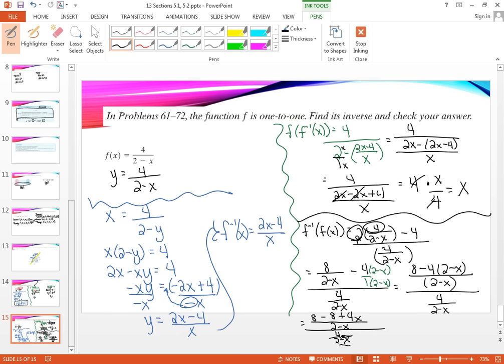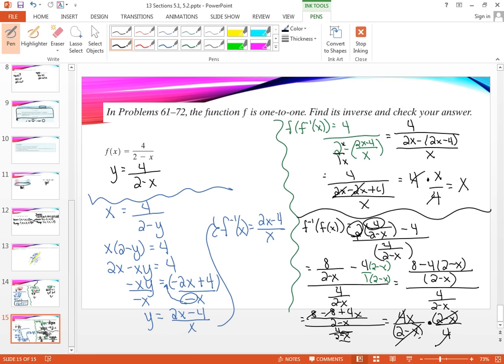Sorry. Okay, so what is this? That 8 and that 8 add to 0. So what I have is 4x over 2 minus x divided by 4 over 2 minus x, or times 2 minus x over 4. This and this reduce to 1. 4 and 4 reduce to 1. That's my x that I'm after. Hope this was helpful.